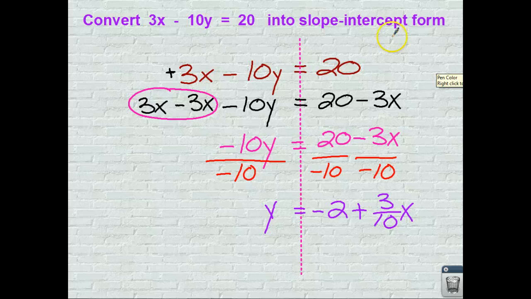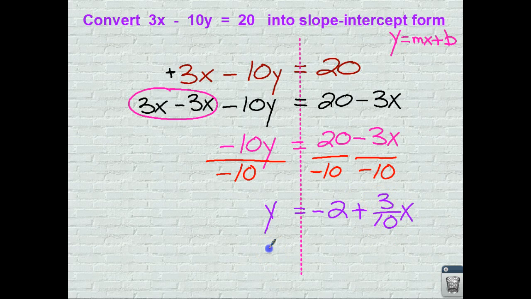If I'm looking for slope-intercept, which is mx plus b, I don't have my mx as my first term. You know, technically, it would be incorrect. Both of them could be a correct answer, but if I want to really get it into the slope-intercept, I'll make sure the mx goes first.